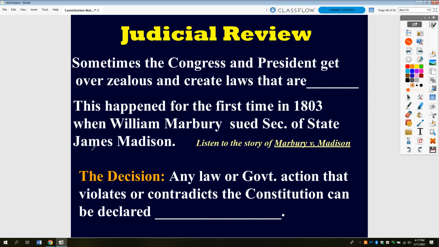In the election of 1800, it's John Adams versus Thomas Jefferson. That's right. The vice president tries to take the president's job.